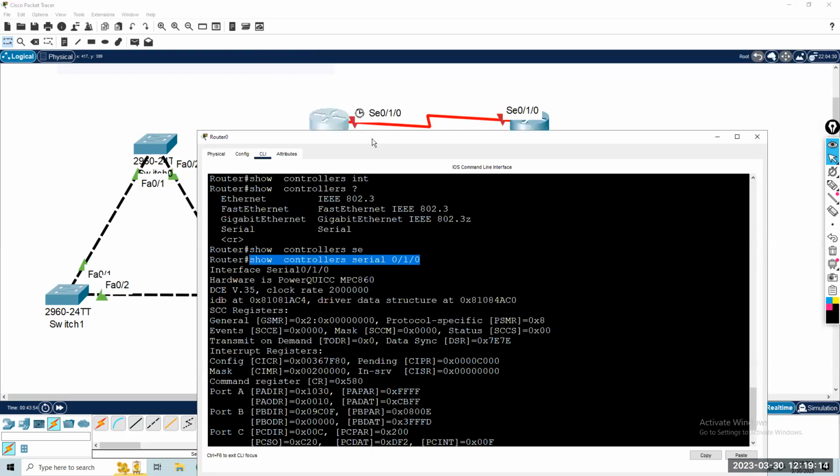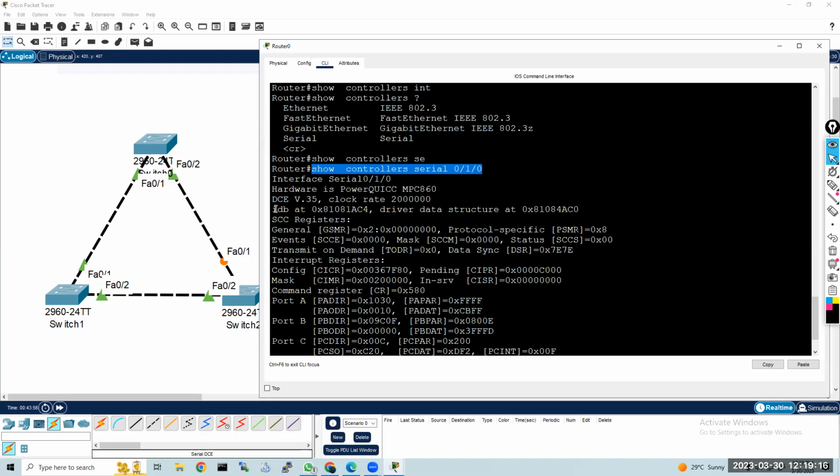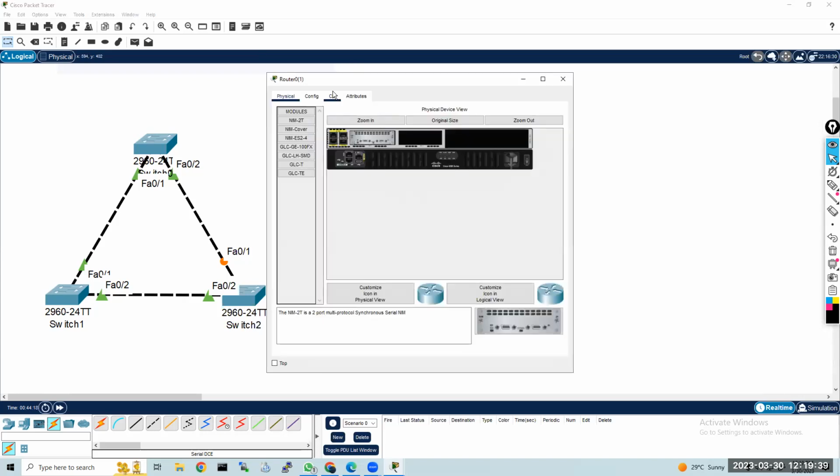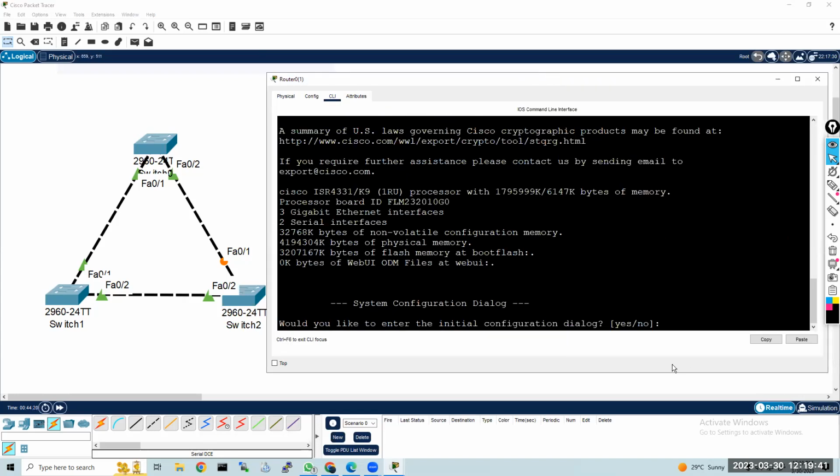0/1/0 is the interface name. See here, it will show you a DCE, V.35, clock rate, it will support up to 2 million. Okay, if you check this side, it becomes a DTE.